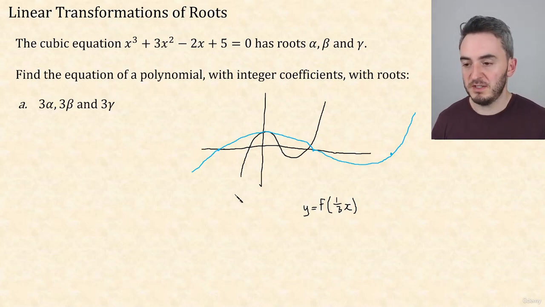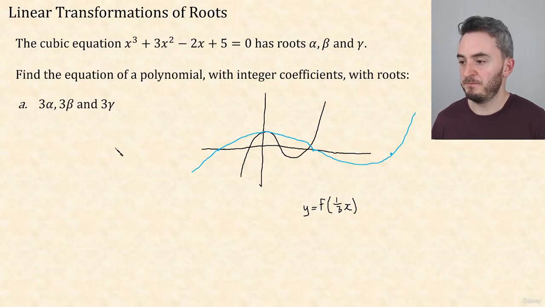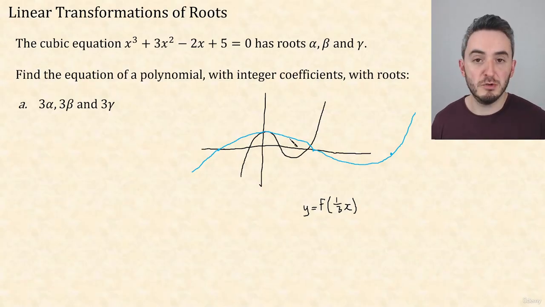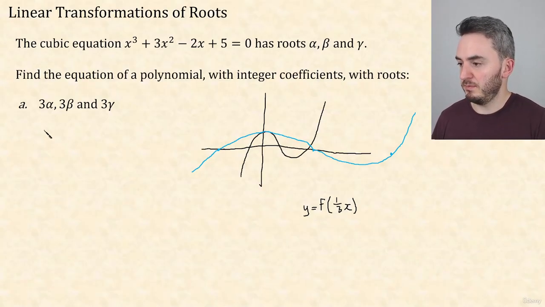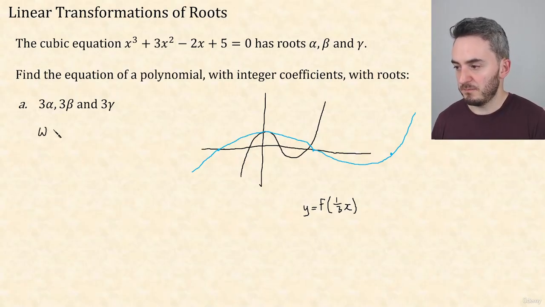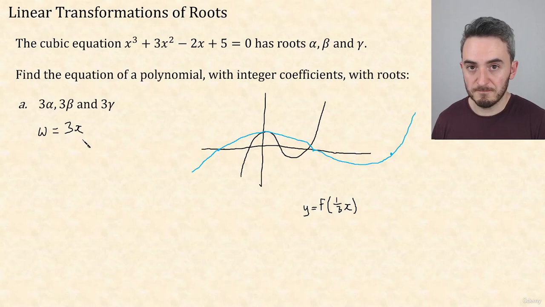Now we can generalize this approach in the following way. If my roots need to be 3 times bigger, let's instead imagine that the function we've got here is in terms of w rather than x. What we can say is that my w values are 3 times the x values.